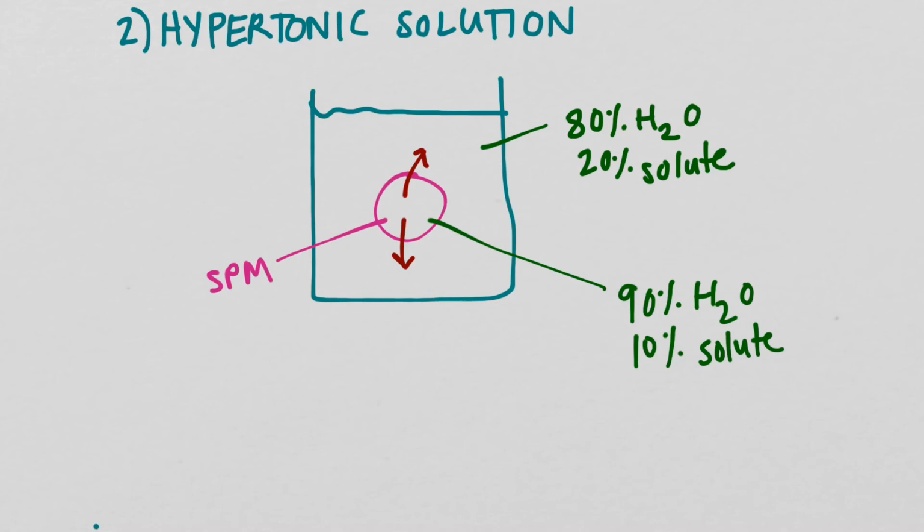When you're going through examples like this on a quiz or test, I strongly suggest that you mark for yourself where is the area of high concentration and where is the area of low concentration. And I'll tell you if the membrane can allow certain things or not, but we know that this is the high concentration, this is the low concentration, so we then know which direction the water can flow if we're talking about osmosis.